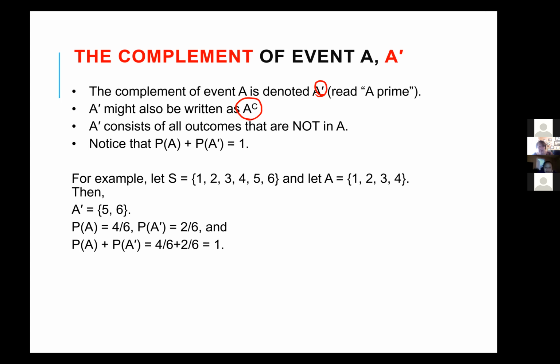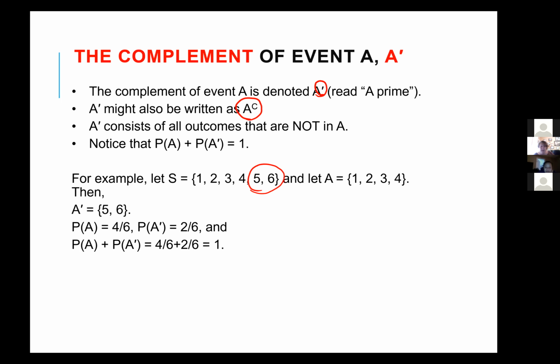A complement is the set of outcomes that are in my sample space S that are not in A. So what are in S that are not in A? Well, we got a 5 and a 6. There's a 5 and a 6 in my sample space that's not in event A. So A complement is the set that consists of 5 and 6.